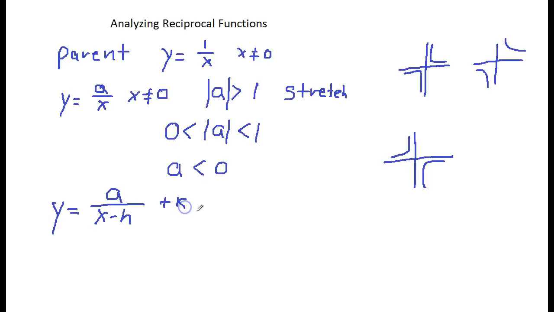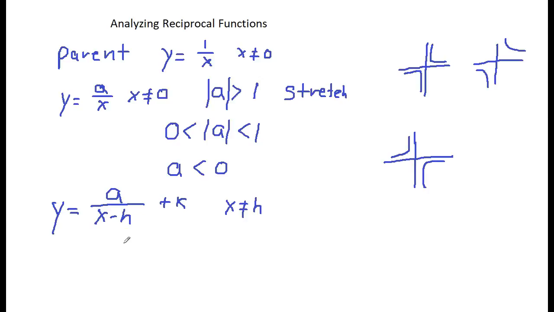Now, our restrictions changed. Instead of x not being able to equal 0, x cannot equal h. Why? Well, if the value of x and h were the same, you'd get 0 in the denominator of the fraction, and that means it would be undefined. So what does that mean? It means it shifts the vertical asymptote. That's what the h does. It shifts that vertical asymptote left or right.